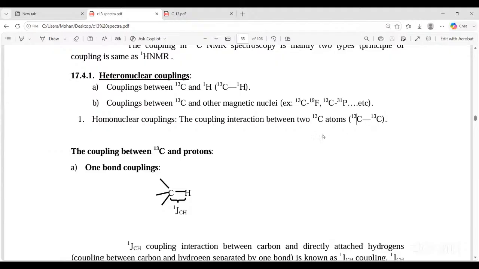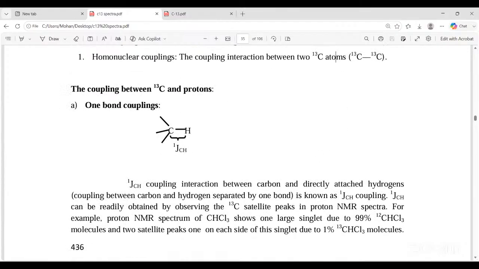So it is very difficult to find the same kind of nuclei in one molecule here. That's why these homonuclear couplings of C13 and C13 are less common. And if it is found, only very weak interactions are possible here.